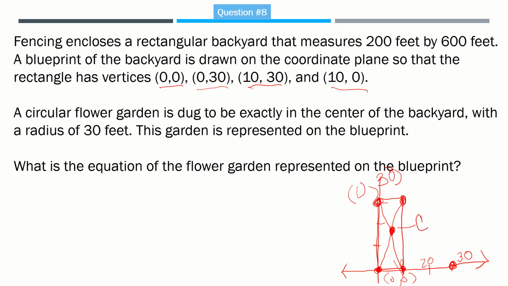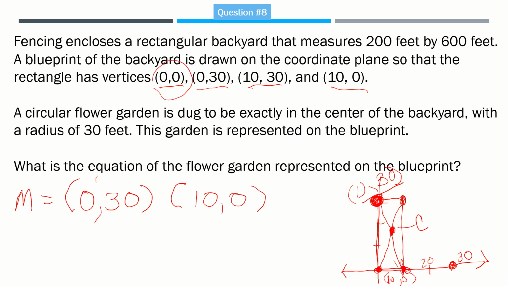All right, so I'm going to use the midpoint formula and just pick this diagonal, 0, 30, and that is 10, 0. I could have used these other two, as long as I'm getting one of the diagonals.